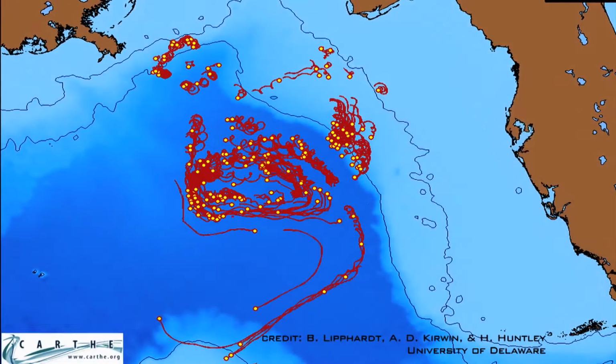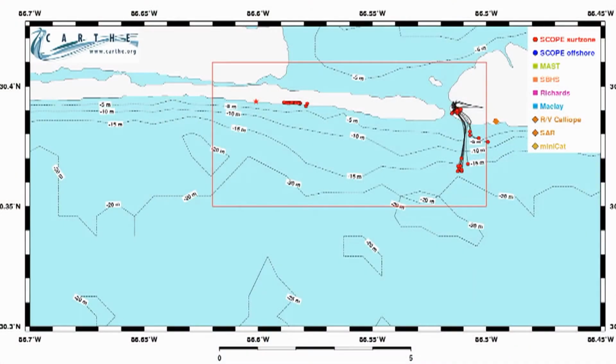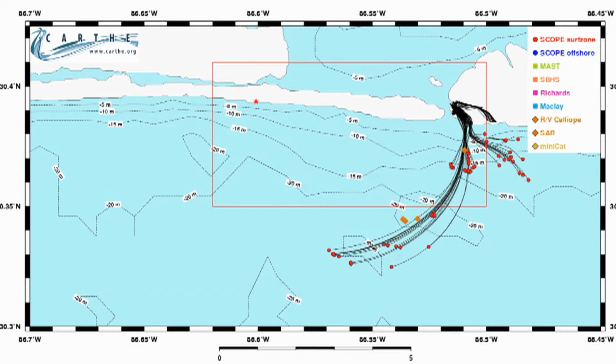We conducted a very, very large experiment 1 year ago, where we had 3 planes and 2 ships, and we released more than 1,000 drifters in the ocean. We released more than 8,000 plates, and these were observed through the planes and the satellite. We were also running our real-time models.